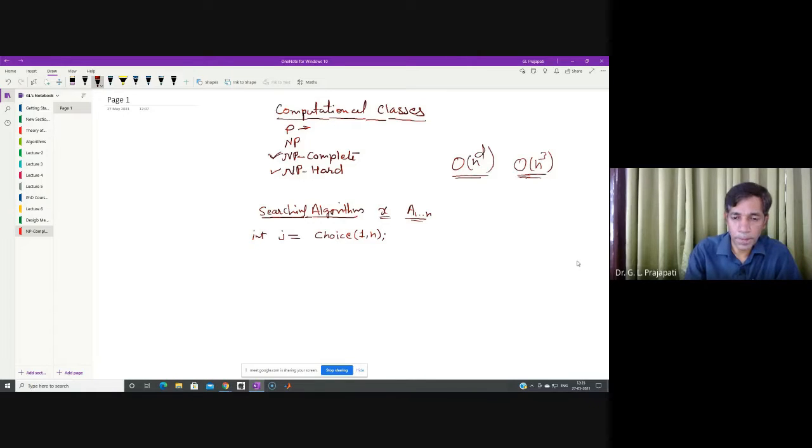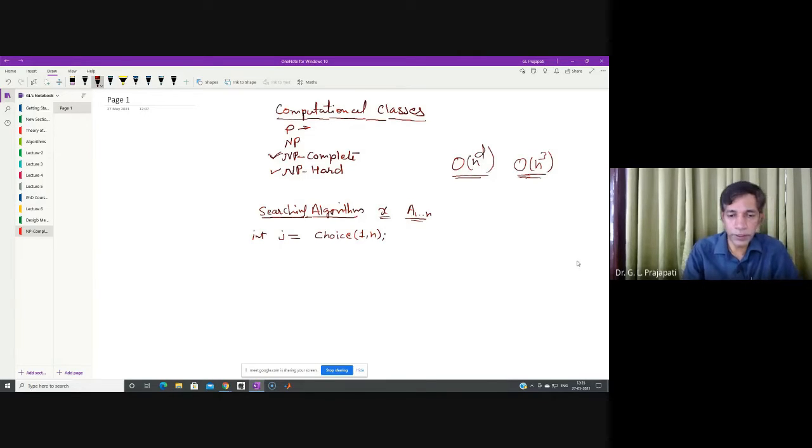After execution of this statement, we have the value j, which is the index of the list where x is found. Now x may be available in the list, x may not be available. If x is available in the list, then you will have the index from 1 to n.